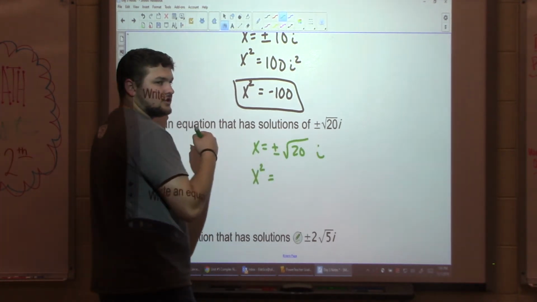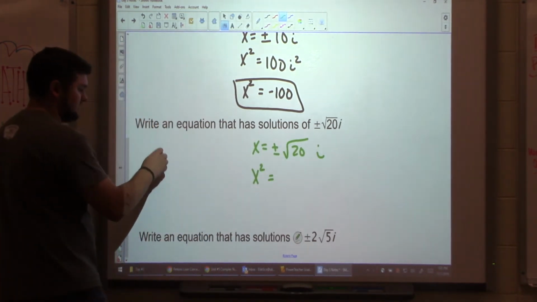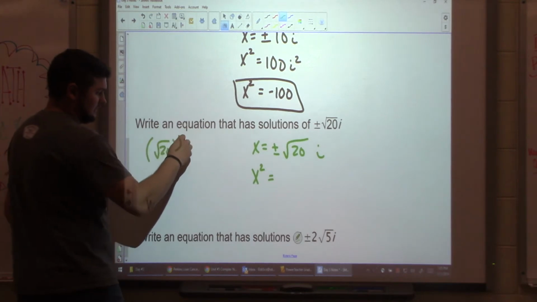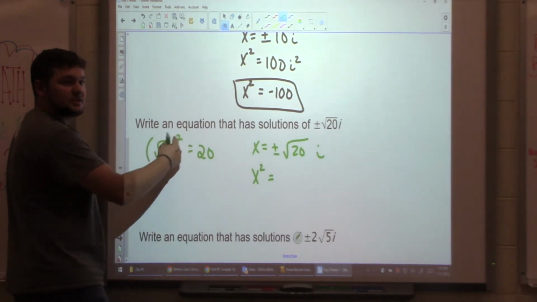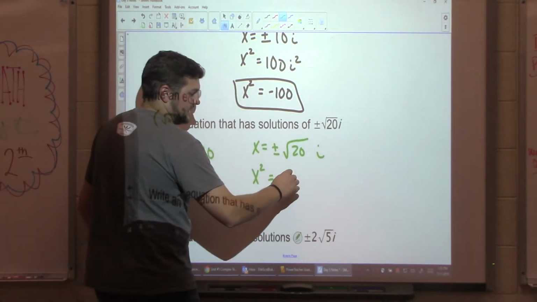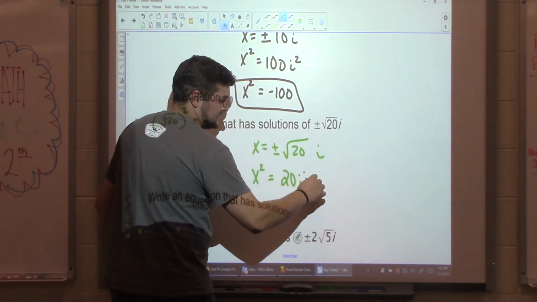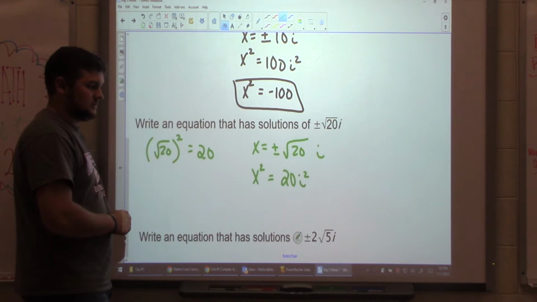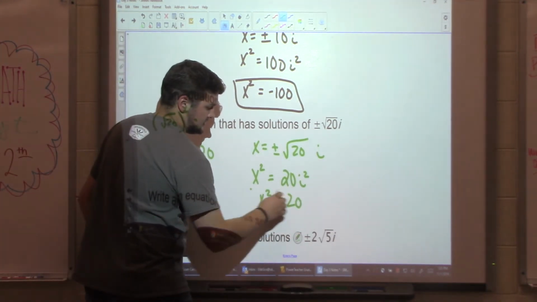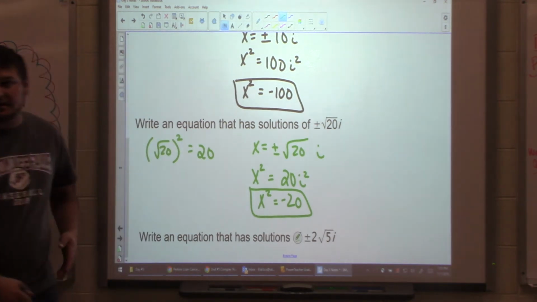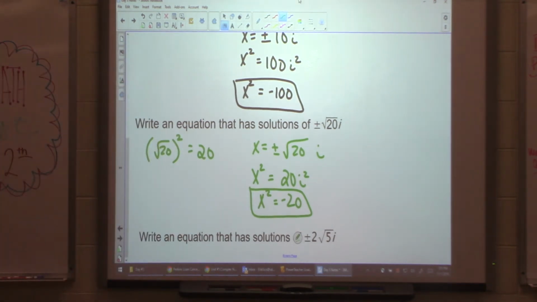The square root of 20 squared is 20. The square root and the square cancel each other out. So I get 20 i squared, which is negative 20. Very good. We have one more to do, as long as no one has questions on that third one.